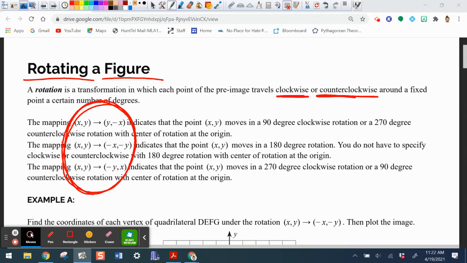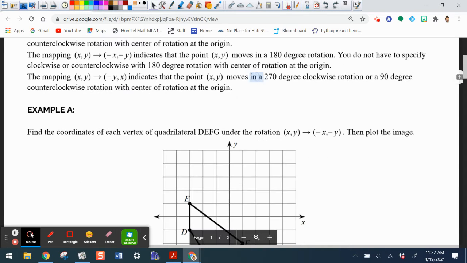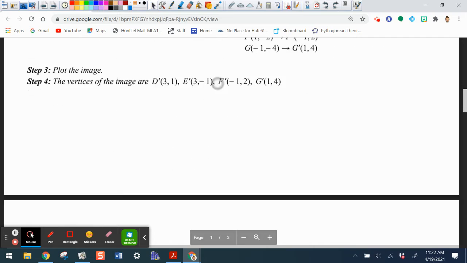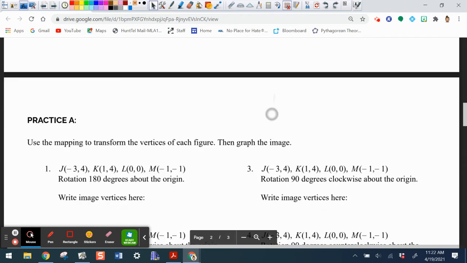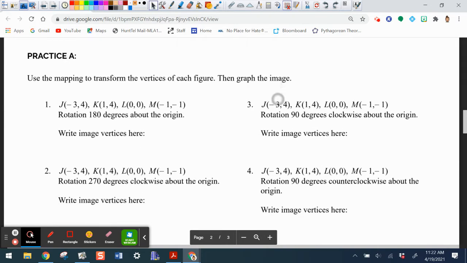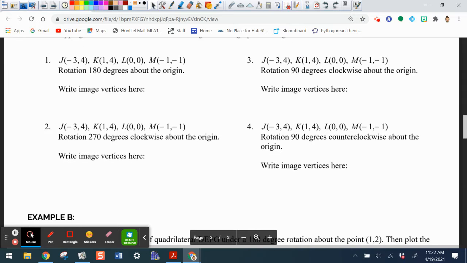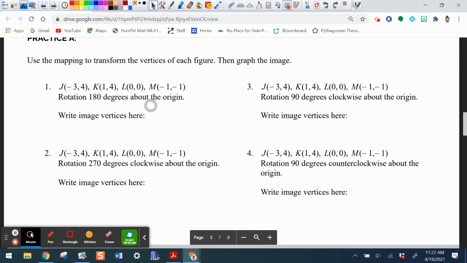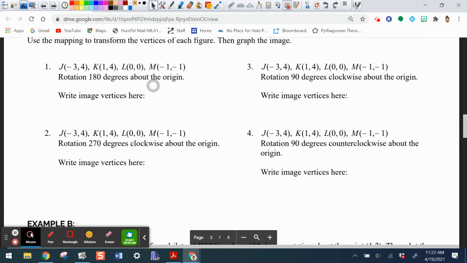I'm going to show you, hopefully, a nice way to memorize one of those functions, and then you can memorize all the others pretty easily. Because the rotation is pretty intense, memorizing those functions might not be a bad idea. So feel free to take a look at the examples, but we're going to start with practice A, number 1.